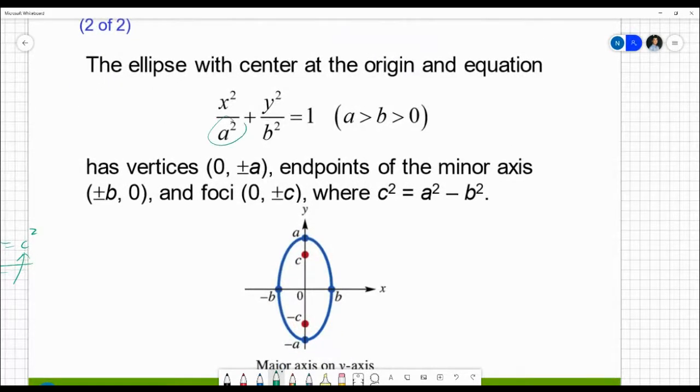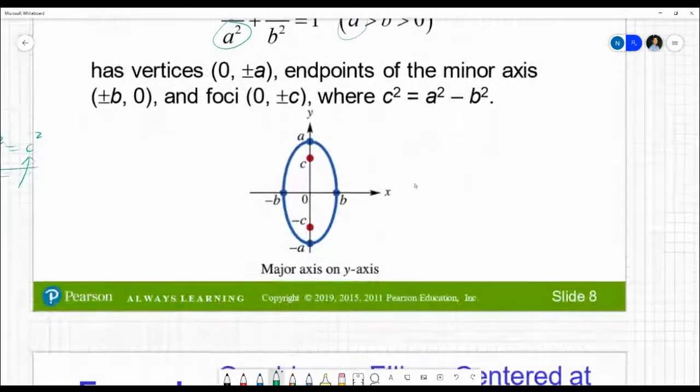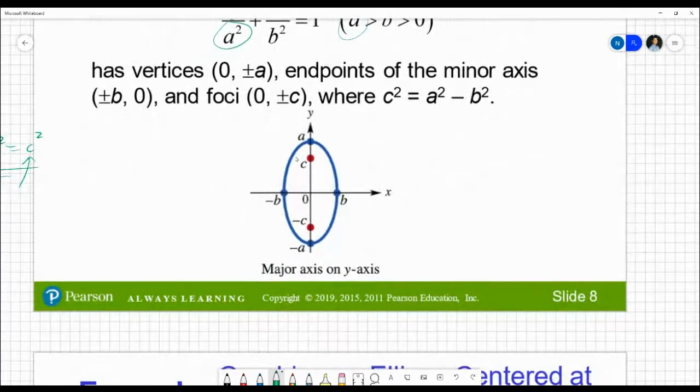So you see here, A is along the vertical axis. Remember that A is always the largest one. This time it is along the vertical axis. That's our major axis. It's going to be below the Y. Okay? So very similar to what we have over here.